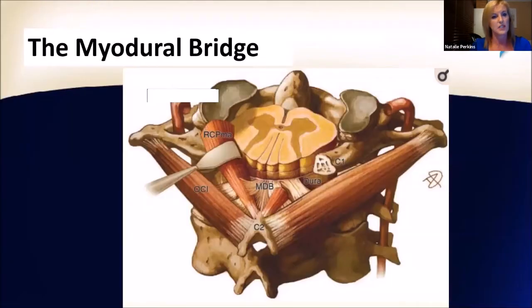But something that might be new to you is the discovery of what's called the myodural bridge. This is connective tissue that runs between rectus capitis posterior minor, one of those suboccipital muscles, and the dorsal spinal dura at the atlanto-occipital junction.